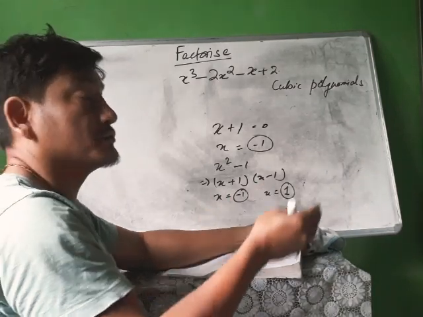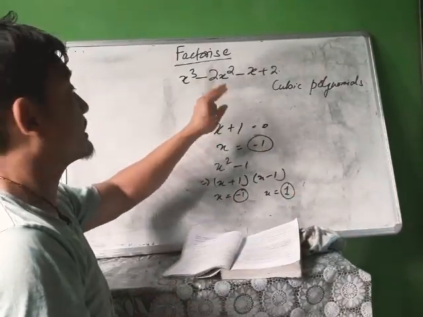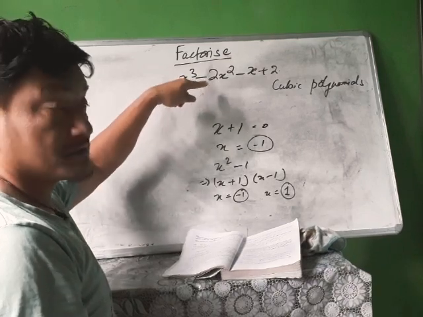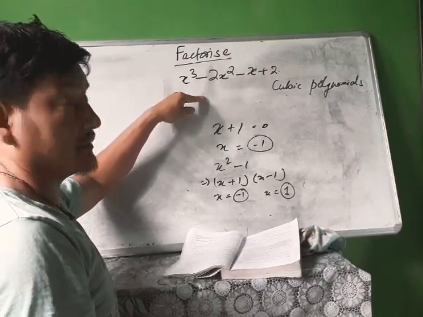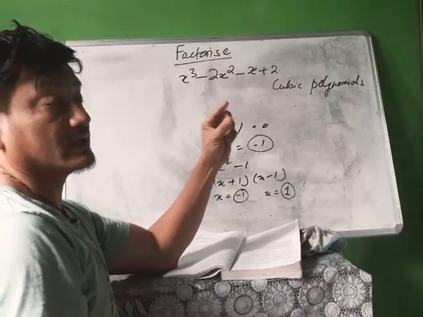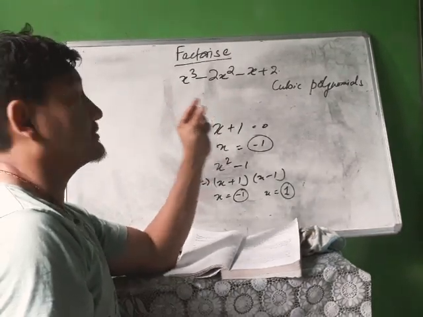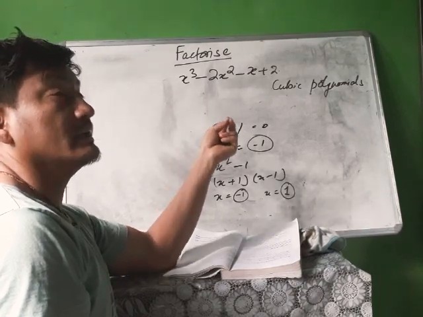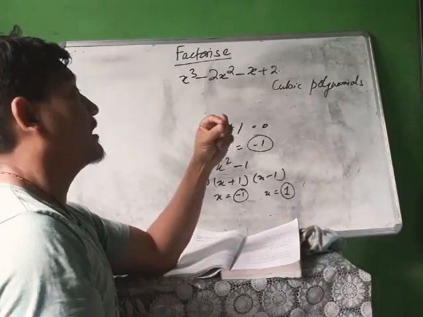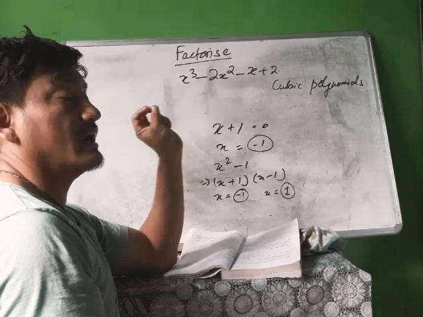Here the variable used is x, so for this given cubic polynomial, you will have 3 values for x.